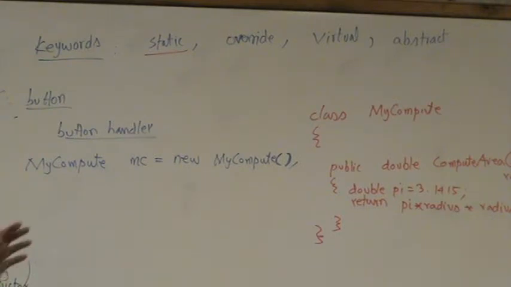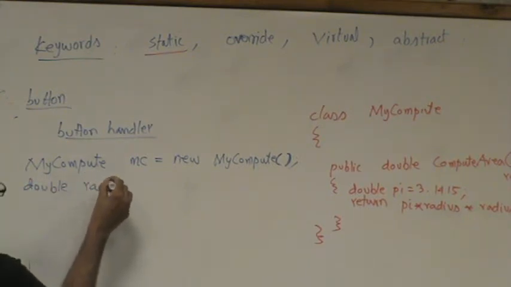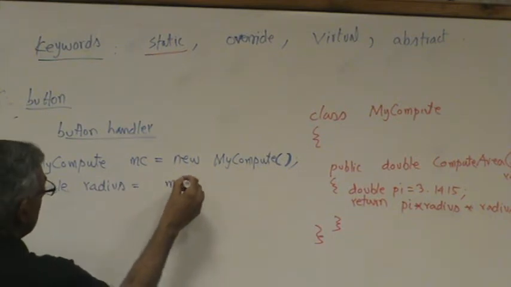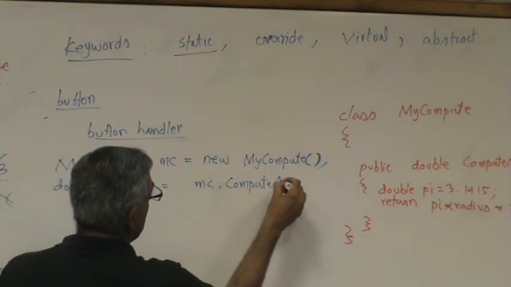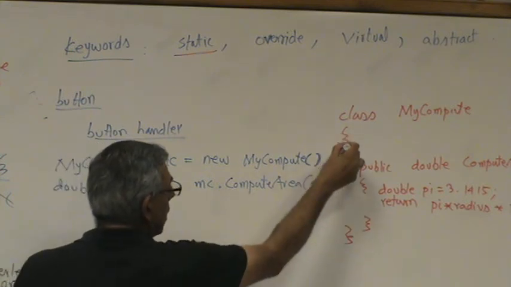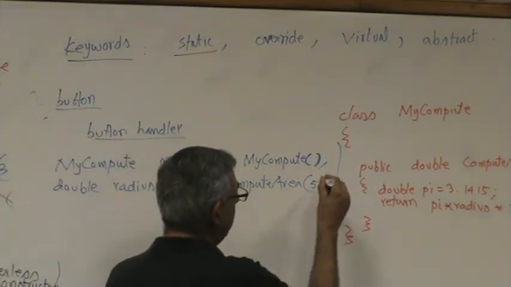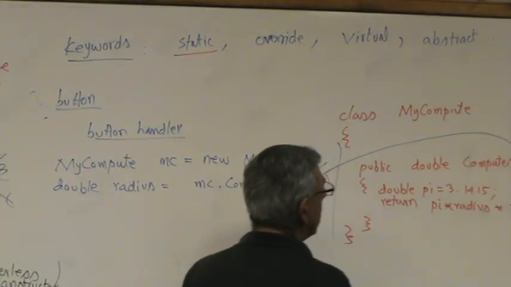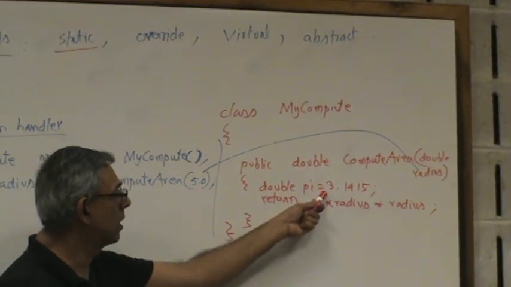So anyway, once the mc is created, now we will do something like this. double area equal to mc.ComputeArea, and let's say 5.2. So now at this point in time, what will the computer do? This 5 will become the radius, correct? It will start executing this code, 3.14.